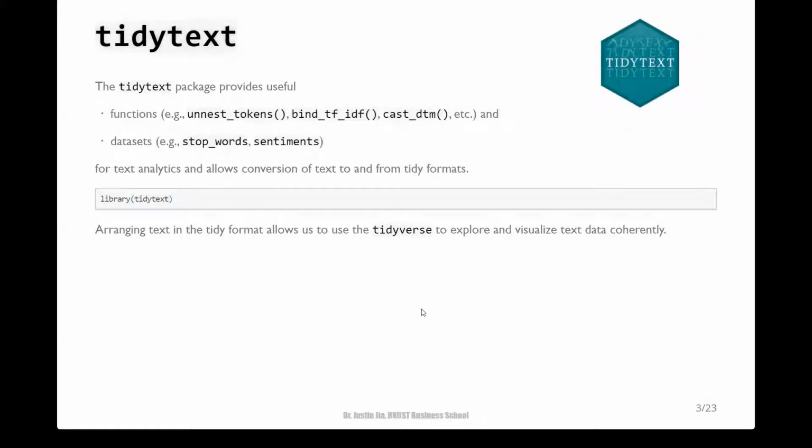The R toolset we are going to introduce for text analytics is the tidytext package. The tidytext package provides many useful functions for text analytics. For example, unnest_tokens for tokenization, bind_tf_idf for calculating and binding the term frequency and inverse document frequency, cast_dtm for calculating the document term matrix.